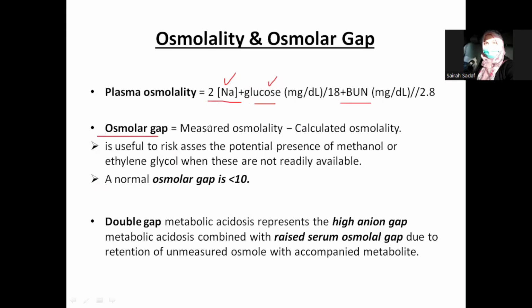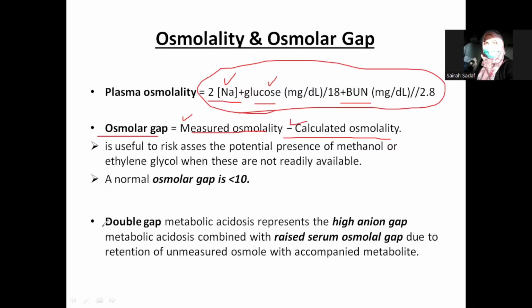Now, osmolar gap is the difference between the measured osmolarity and the calculated osmolarity. As you all know, this is how we calculate it. Now, what is a double gap? When the patient is having high anion gap metabolic acidosis plus a raised osmolar gap, then we call it double gap.